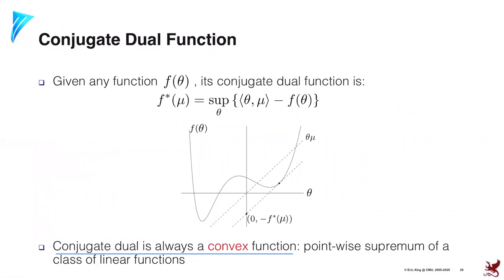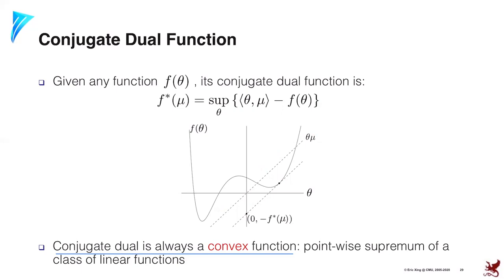The conjugate dual function says that given any function f theta, we can obtain its conjugate dual with this formula. Now let's try to understand what this conjugate dual function is actually doing. We have this curve, which is f theta. First of all, we have an inner product of theta and mu, which we can regard as this kind of line.